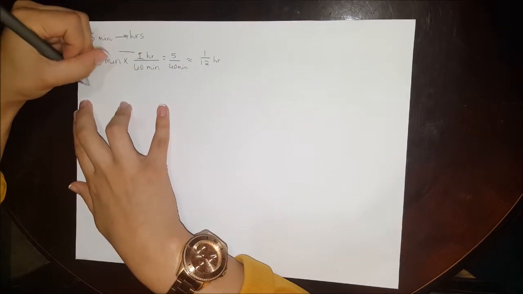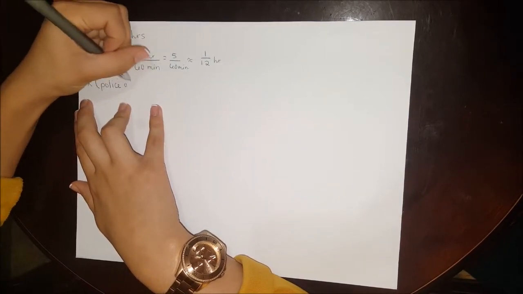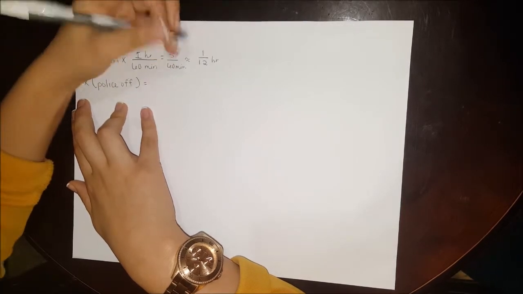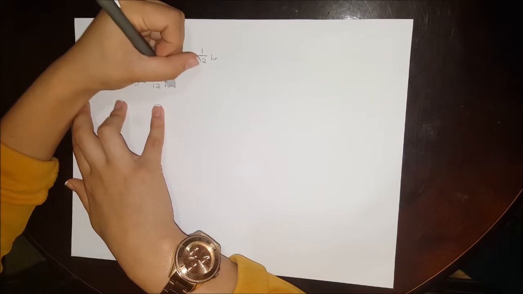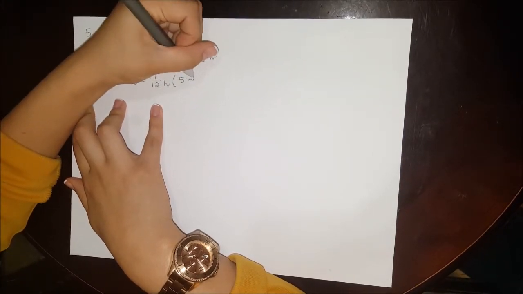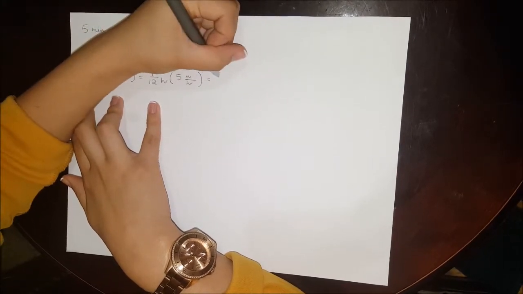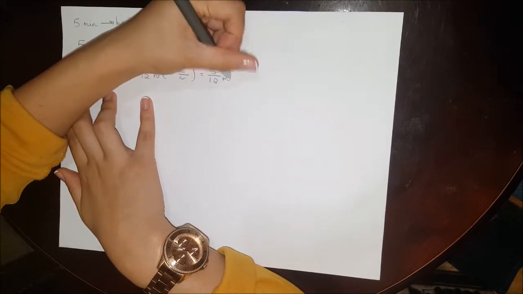So we're going to find our X, and our X is actually our police officer. We're going to get our amount of time, which was 1 over 12, and multiply that by our dx dt, which was 5 miles per hour. That goes to 5 over 12 miles.